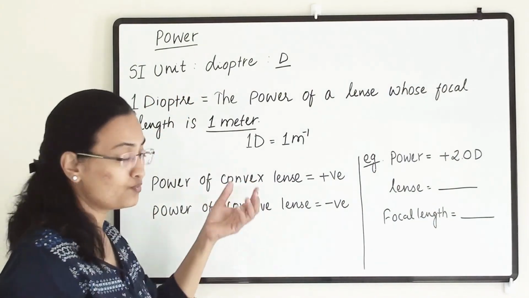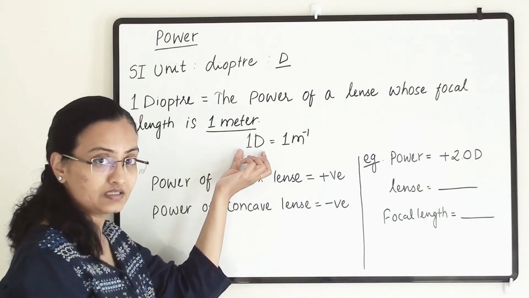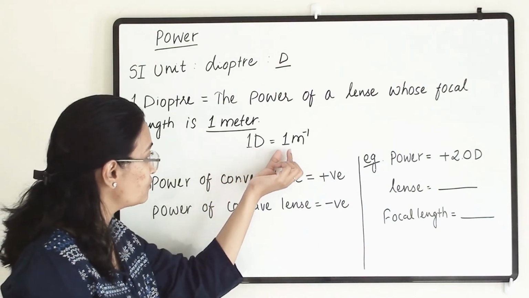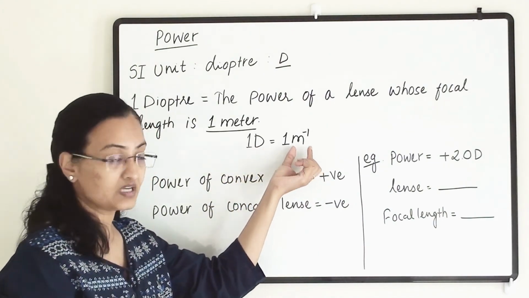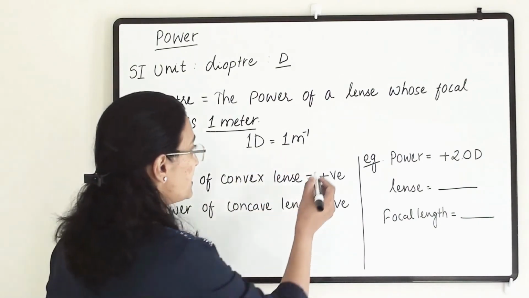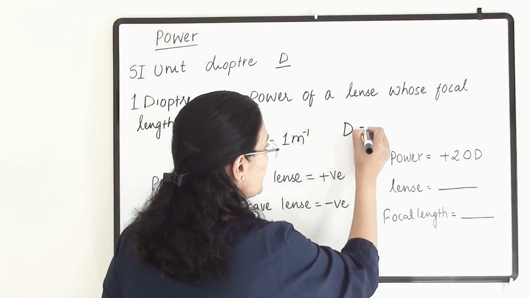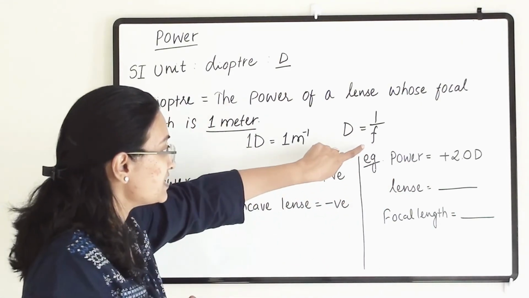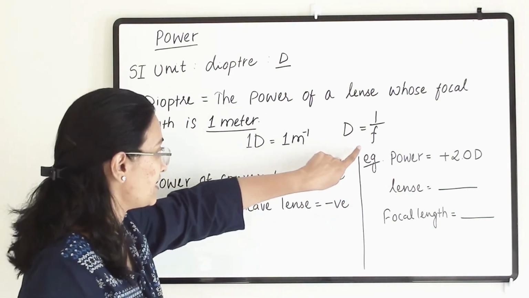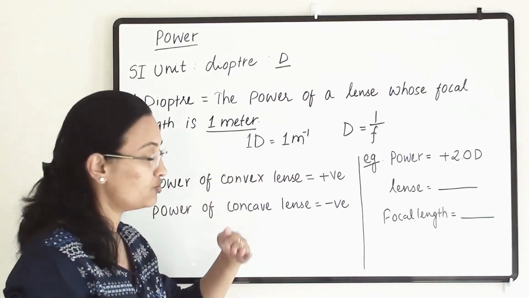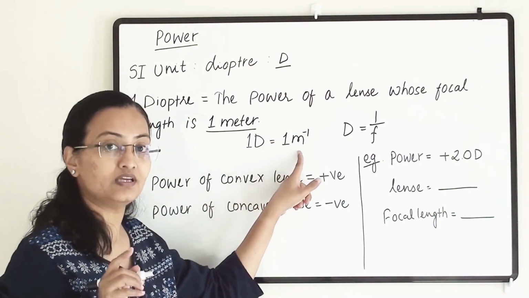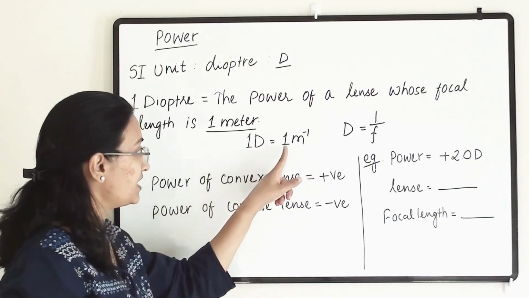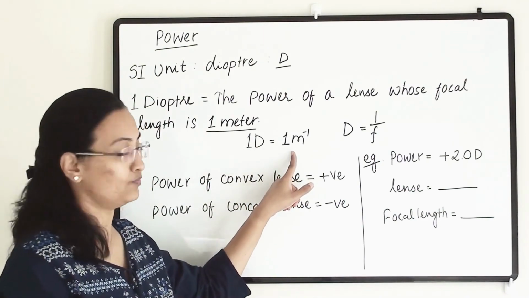So that also means 1 D equals 1 meter inverse. Why is this meter inverse there? Because earlier we saw that P equals 1 divided by F. So F is in the denominator, and that's why it is meter inverse. So 1 dioptre equals 1 meter inverse.